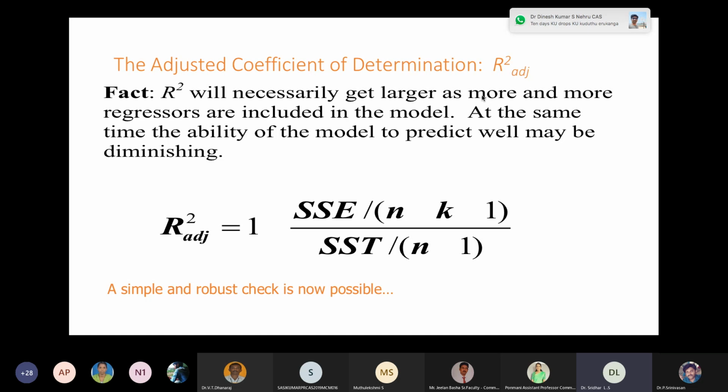The factor R square, very important. What is R square? R square is the ability of the model to predict. So R square tells what kind of relationship it is. See, R establishes the relationship between x1 and x2.